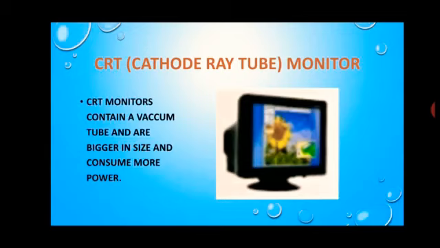CRT monitors contain a vacuum tube and are bigger in size and consume more power. Students, I am repeating some points. That's a very important point. I think you are writing also for the future use.